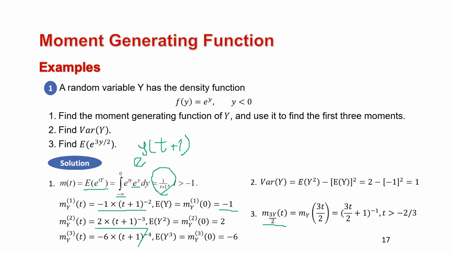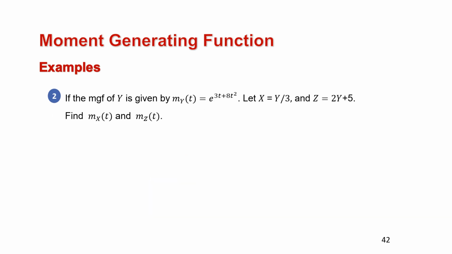Okay, using the rules, how can we find the moment generating function of 3y over 2? It will be the moment generating function of y of 3t over 2. So here, let's replace t by 3t over 2.